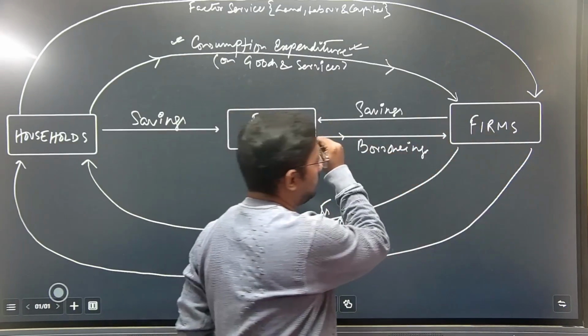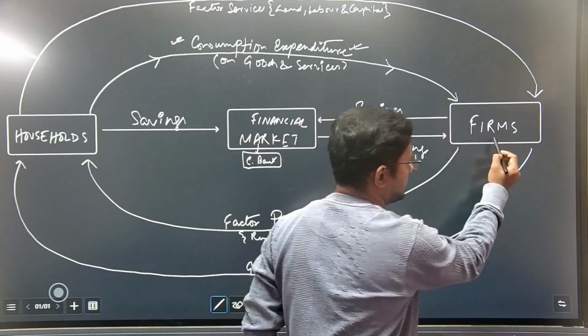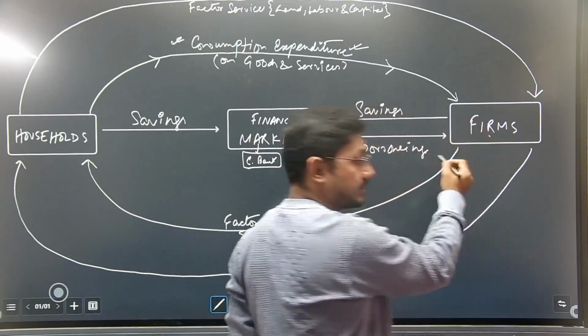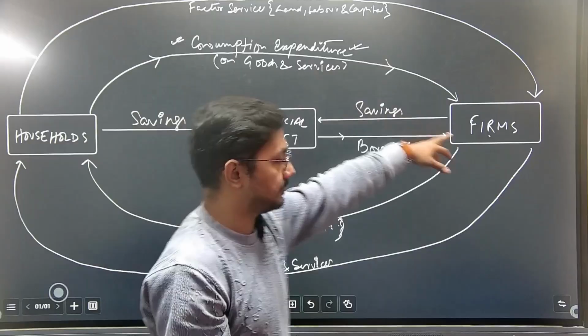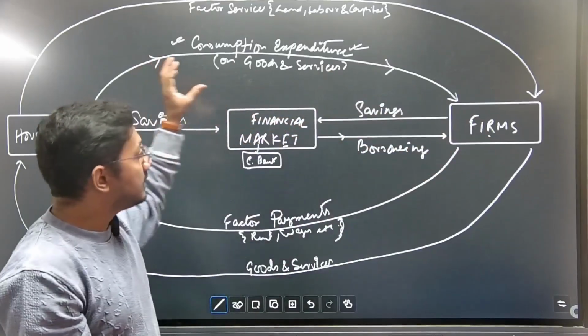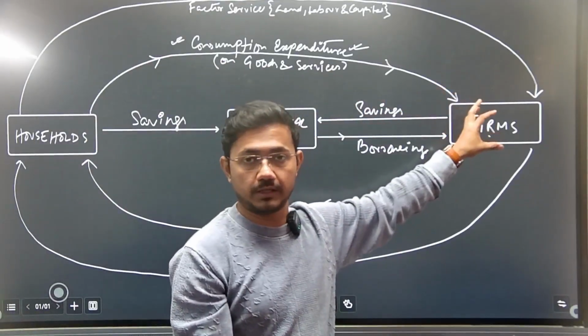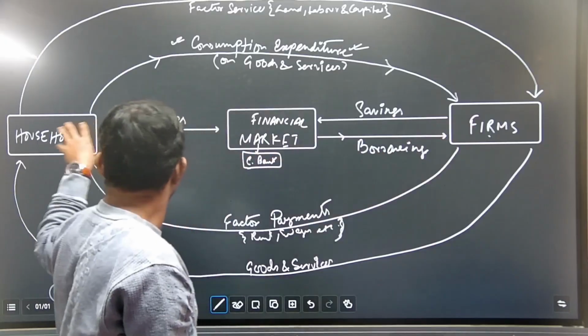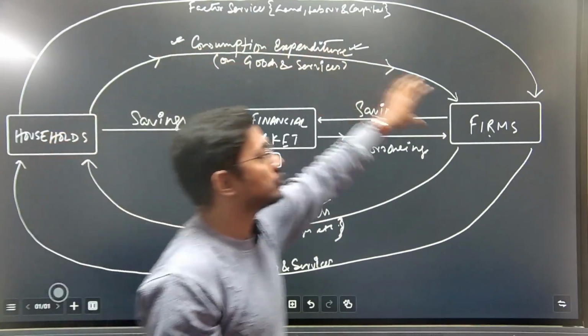So now the money will move from the financial market to the firms. Okay, now the firms have the money of the household. Now you see in these firms, the members of the households are working here.